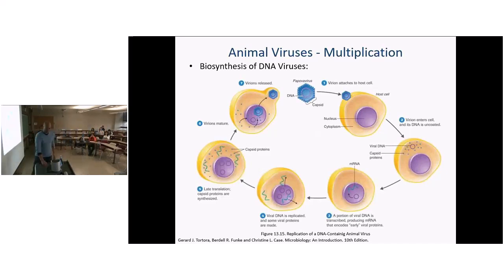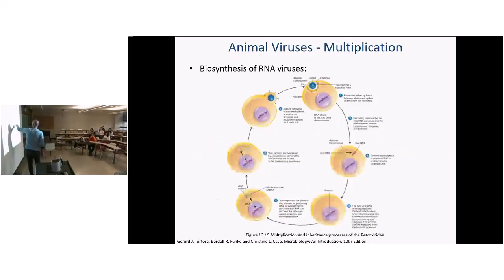The only difference then for the RNA virus is that you're going to have your viral RNA first undergo reverse transcriptase to a DNA, and then this DNA will go inside and do the same thing. So it's just a little switch there when you call this reverse transcriptase.